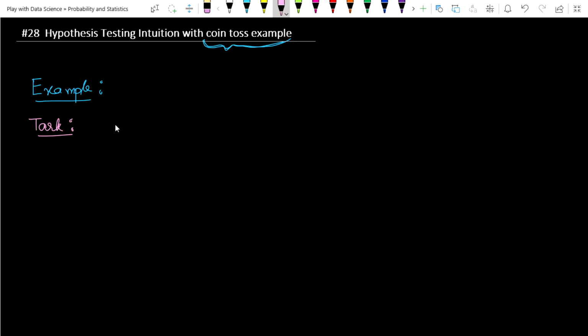We have a given coin, and we have to determine if the coin is biased towards head or not. That's the job that we are interested in.